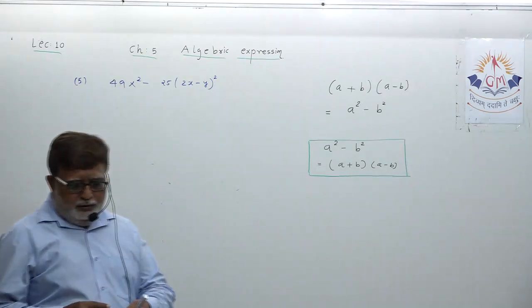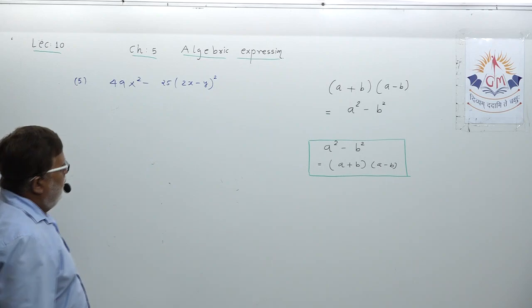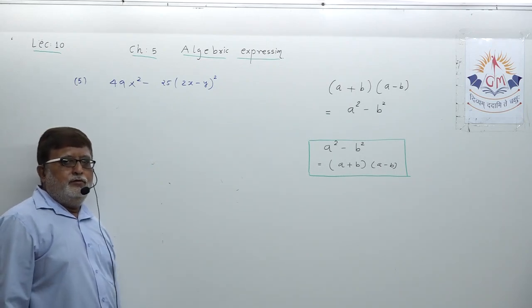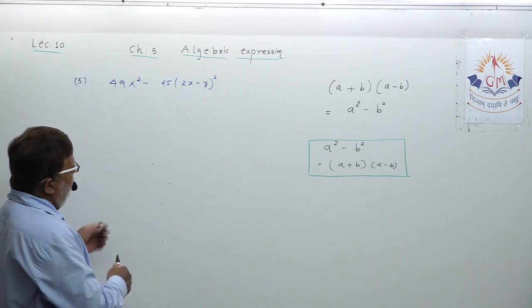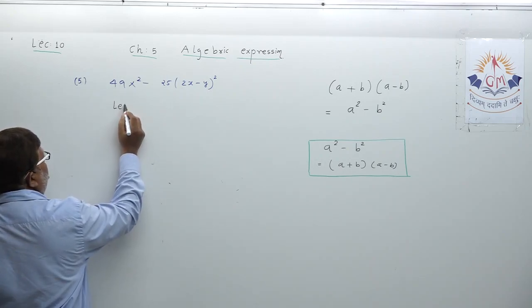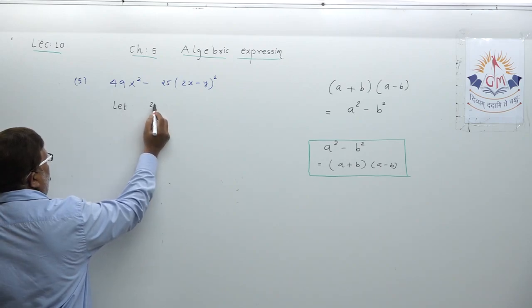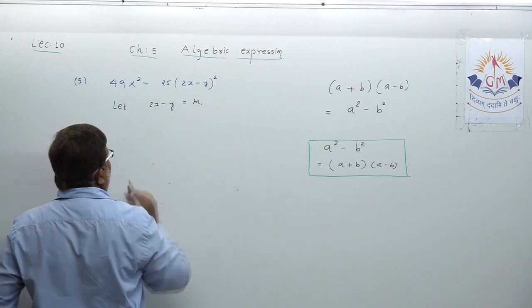Where you are seeing the bracket, can you tell me? 2x minus y whole square. Let us do one thing. Suppose it. Let 2x minus y equal to m.